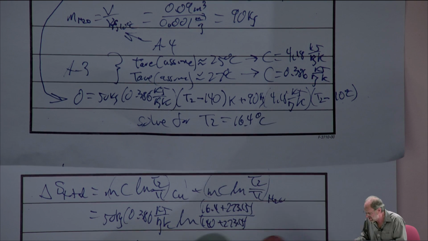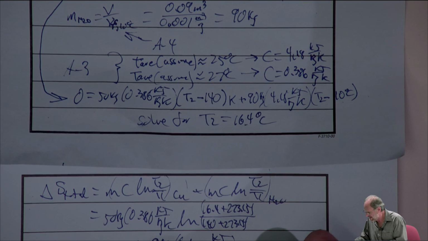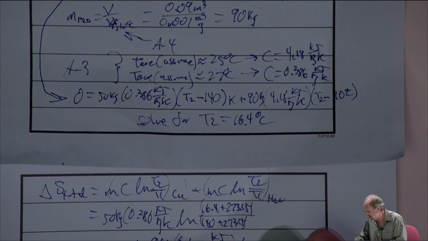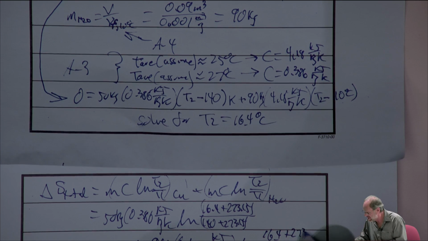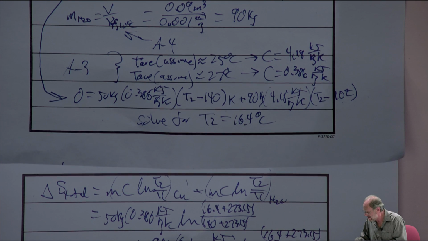And then we add to it the same for the water. So 90 kilograms times 4.18 kilojoules per kilogram per Kelvin. And then the natural log of the same T2, 16.4 plus 273.15, over the initial temperature, which was 10, so 10 plus 273.15.